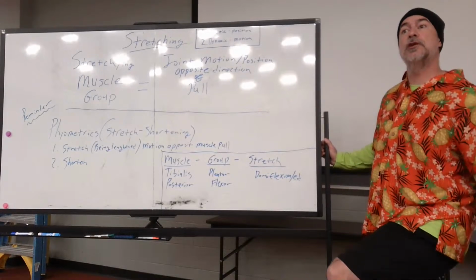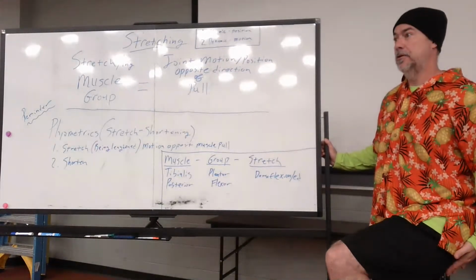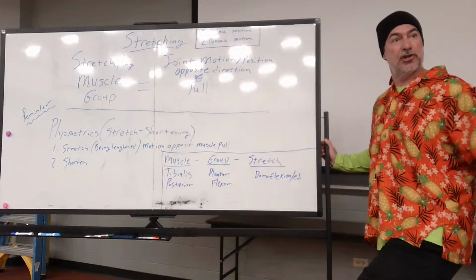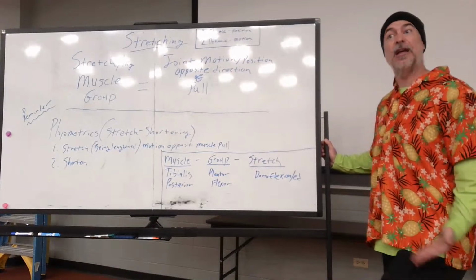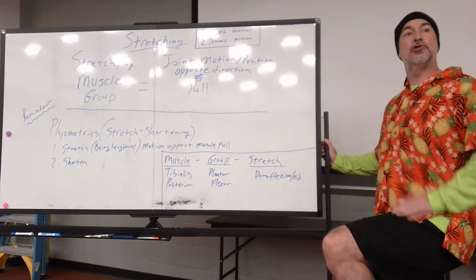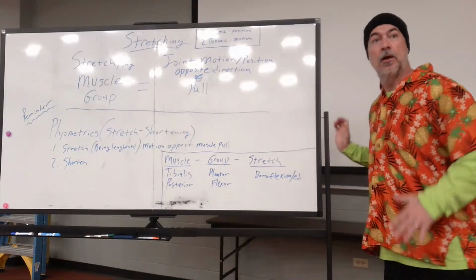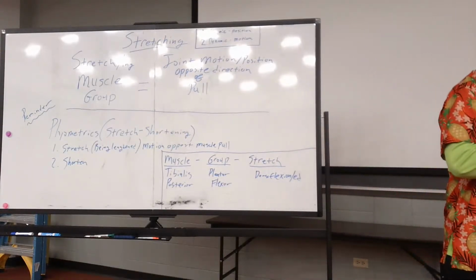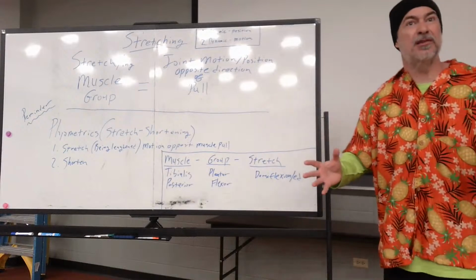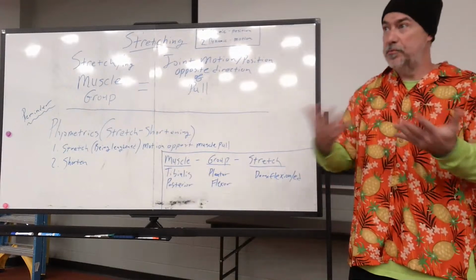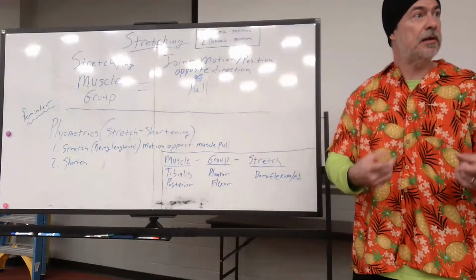And any muscles that pull the other way are going to get longer. So how do you stretch hip extensors? By flexing the hip. How would you stretch hip flexors? By extending the hip. Why do I teach it this way? Because there's going to be a lot of muscles that don't have their direction of pull in the name. I mean, rinse, wash, repeat.